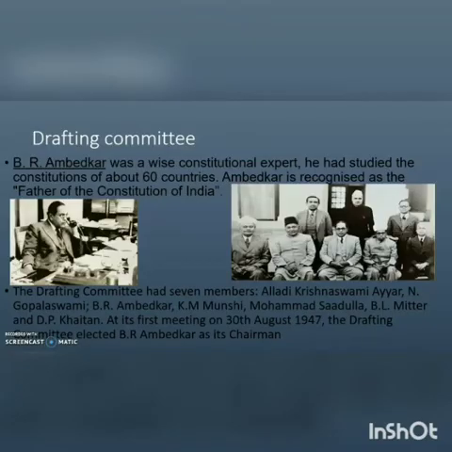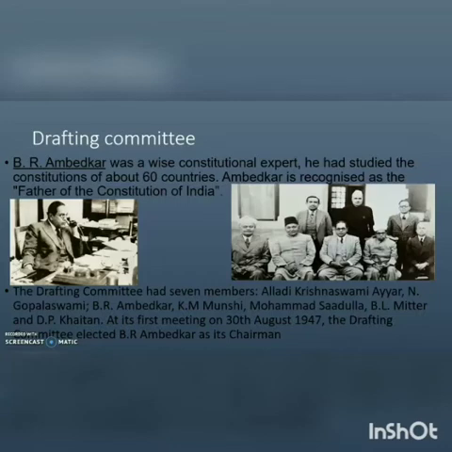Now, the Constituent Assembly appointed a Constitutional Drafting Committee. This committee was responsible for preparing the Indian Constitution. On your screen, you can see Dr. Bhimrao Ambedkar headed the Constitutional Drafting Committee.